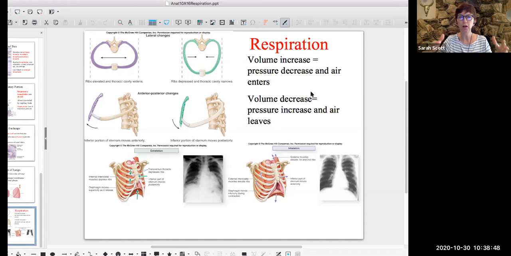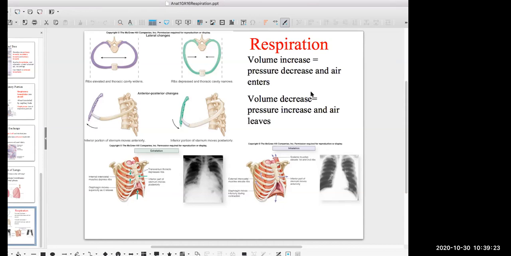So if volume increases, the pressure inside that area will decrease. Air or blood or anything else will move from an area where pressure is high to where pressure is low. So the air outside your body is going to move into the lungs because the pressure is lower in the lungs than it is outside the lungs.